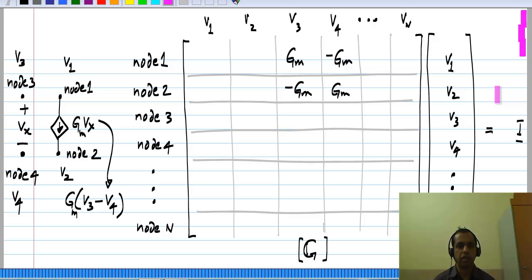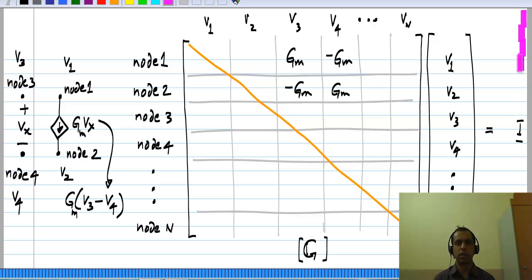Now you see that in many ways this is similar to the resistor's case. The two nodes between which the control source is connected, their equations contain terms corresponding to the control source. But the important difference is that in general, these entries are no longer symmetric about the diagonal of the matrix. So when you have a voltage controlled current source, you can go ahead and write the node equations like before, except that the conductance matrix will not be symmetric.